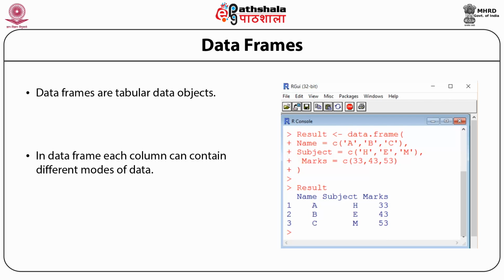Here we can combine all the vectors together in a tabular format, which is extensively used in various algorithms. To see the values of the object, we just type result. Then we can see the elements in an ordered manner. Here the name is ABC and their corresponding subjects are HEM, and marks are also associated in a similar fashion.